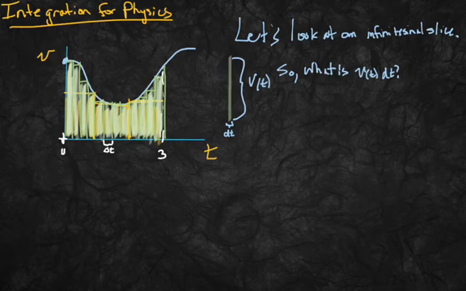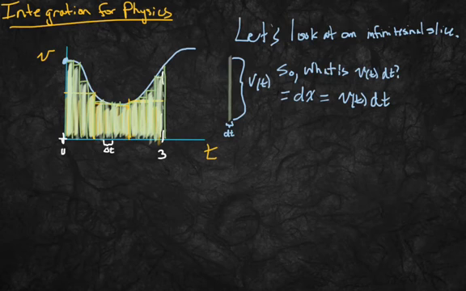So what we are adding, all these little slices, are the itty-bitty little dx's of our displacement. That's what each slice represents. So each dx equals v of t dt.